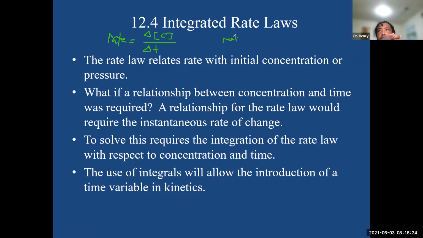So the rate is going to be equal to the derivative of the concentration, which represents the change of the concentration as a function of time over the change in time. When you take the integral of this equation, the integral is like the inverse of a derivative.